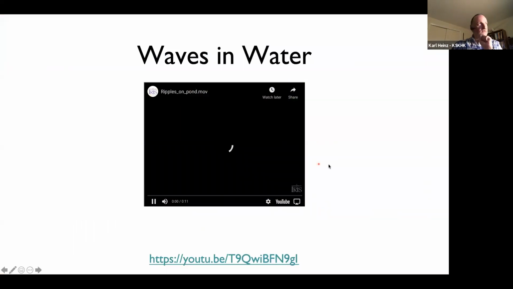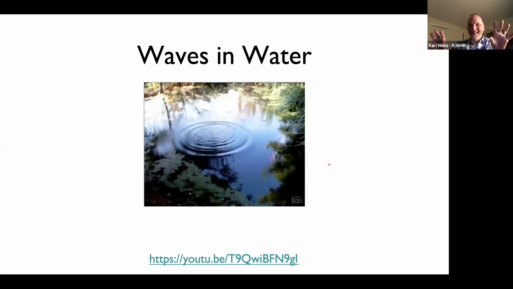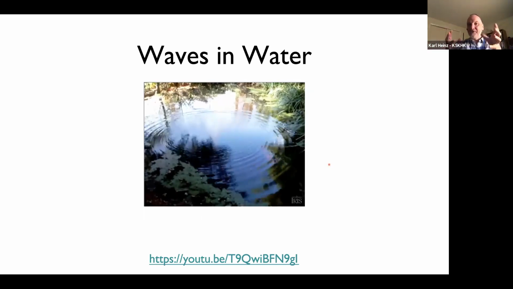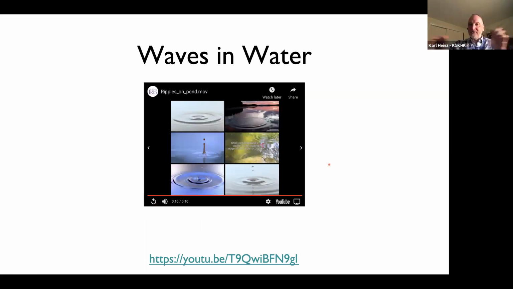And just to relax you a little bit, here are some pond waves. This is exactly the same as with a radio wave. When you see that pond wave spread out in a circular fashion around where that rock hit the water, that is exactly how our radio waves spread.